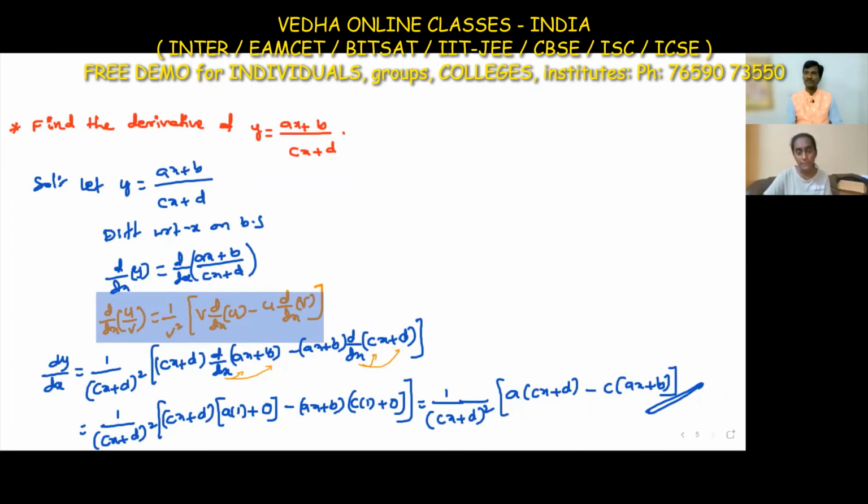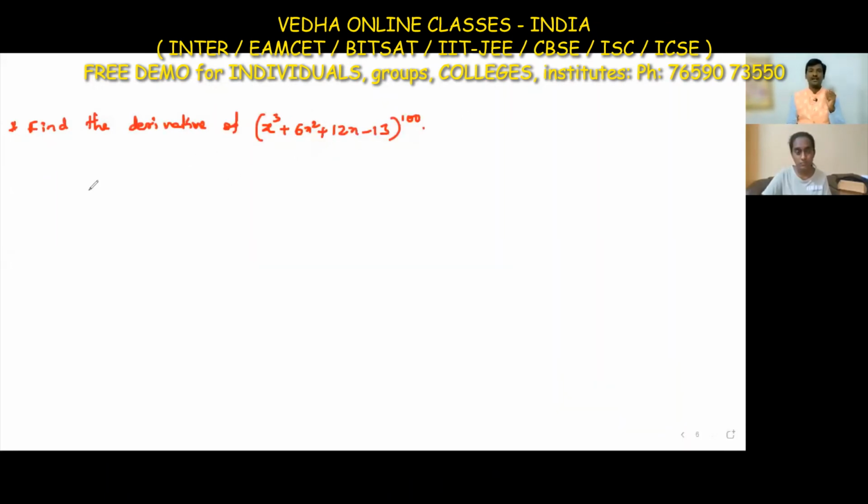Very good. Okay. So find the derivative of (x cube plus 6x square plus 12x minus 13) whole to the power 100. Let me take the given function: y is equal to (x cube plus 6x square plus 12x minus 13) whole to the power 100.